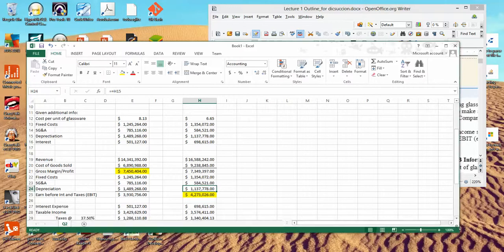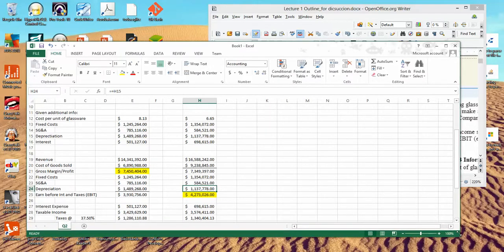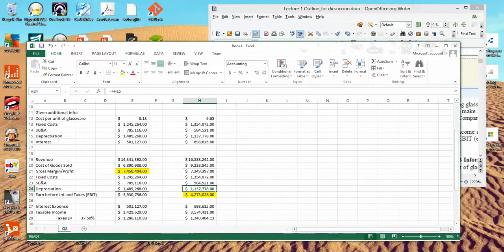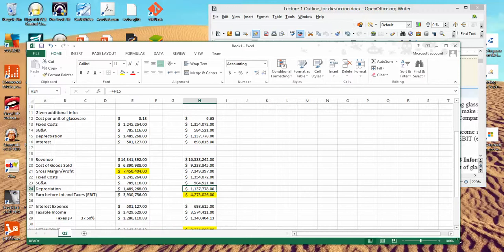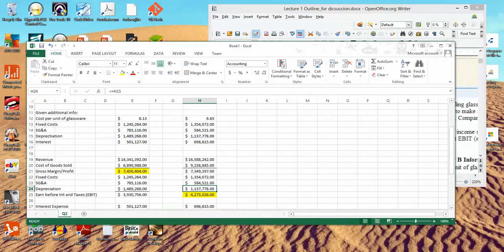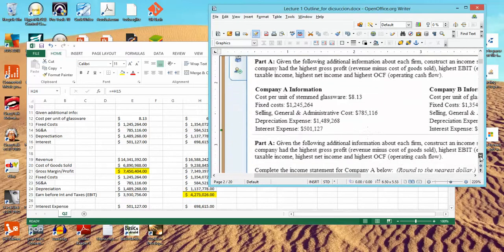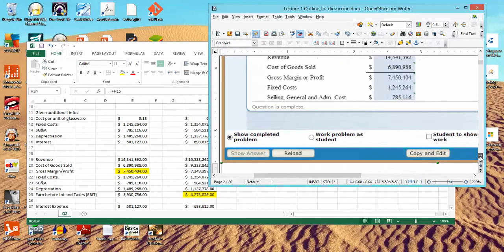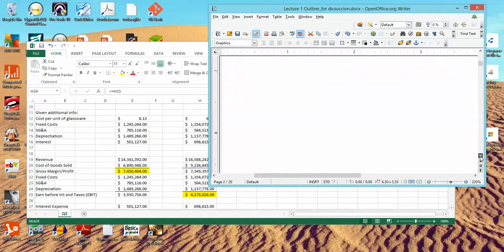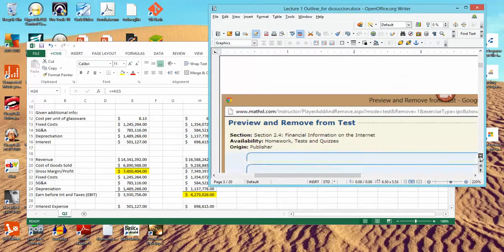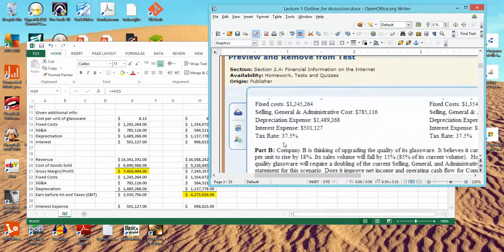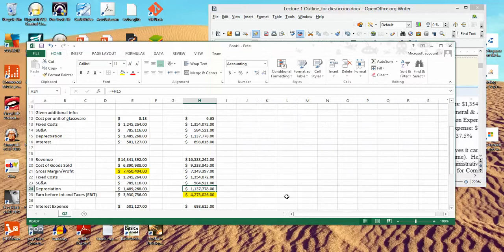Now to get to our net income item, we have to take out interest expense and taxes, and in our problem, you'll be given a 37.5% tax rate. So let me show you that, just so you know I'm not making it up. See, tax rate 37.5. So all I did here was carry down my interest expense, 501, 501, just linked like this.